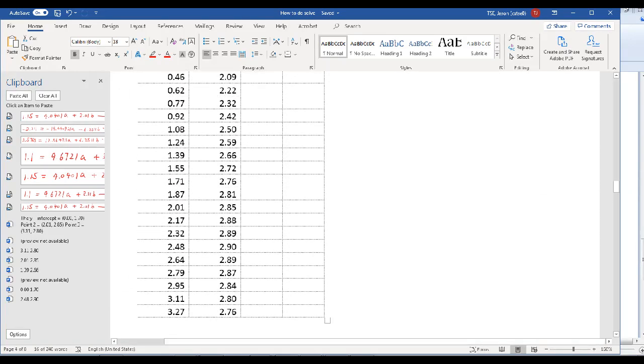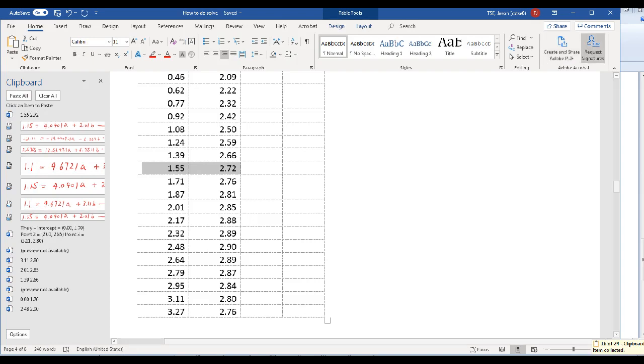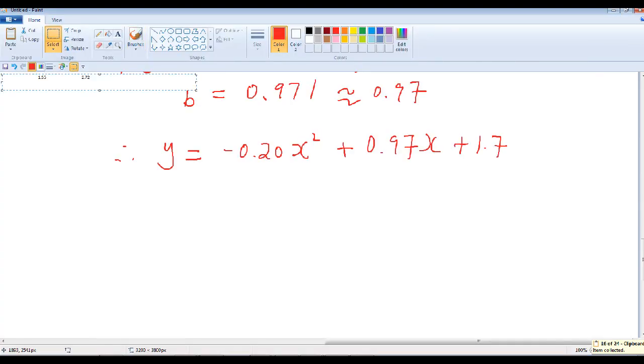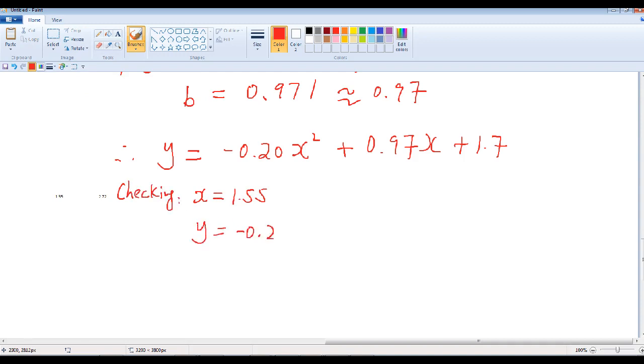Let's pick any other point. How about 1.55, 2.72, for example? If we use x equals 1.55 as the check, you will have minus 0.2 times this one squared, plus 0.97 times 1.55, plus 1.7.